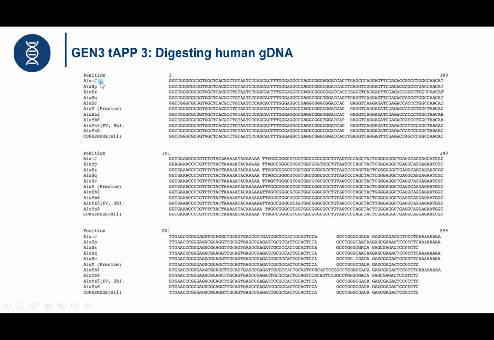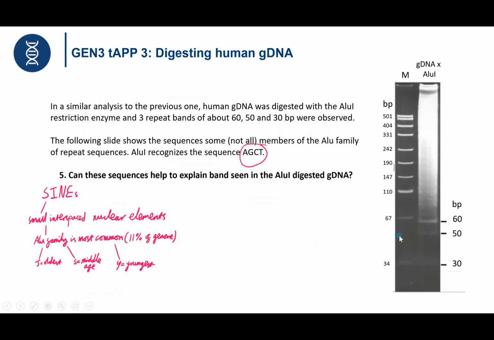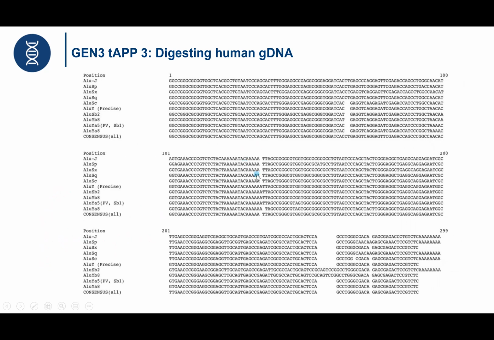So if you wanted to look at the Alu J sequence, this is the first base here, and you would read all the way along until you get to 100, then come down here again: Alu J, base 101, all the way over to 200, and then the same for 201. We presume that these sequences will have this AGCT somewhere, otherwise why would they give us this information? So the next step is to find out where these sequences are.